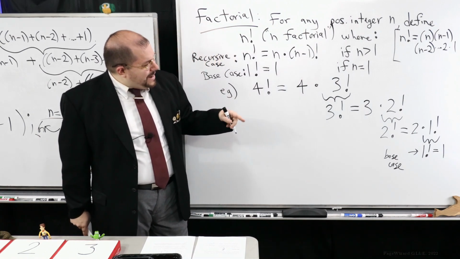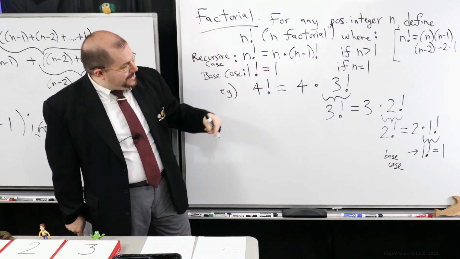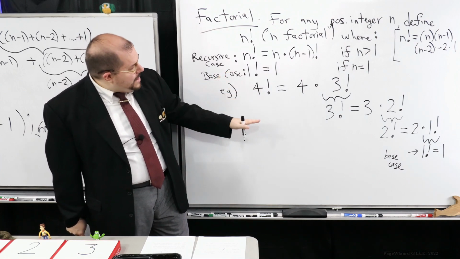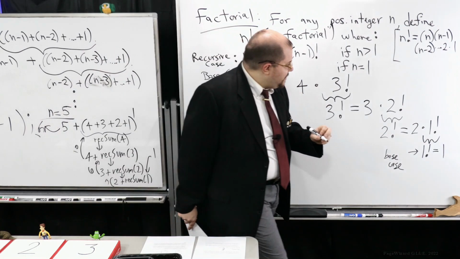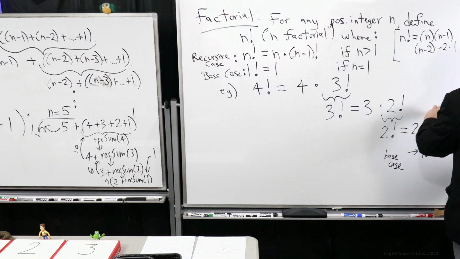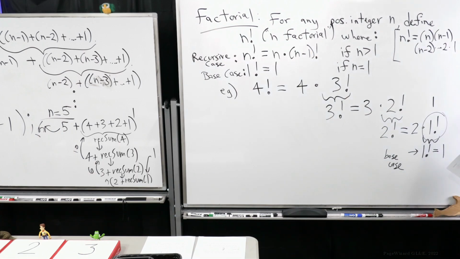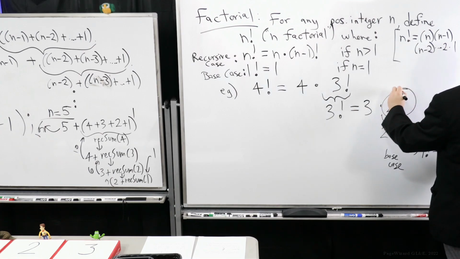So now, because I know the answer is 1, I can work back to answer each one of the questions, right? Each question being a recursive call. So now I know the answer to this is 1. So 2 times 1 is 2, right? So this is 2.